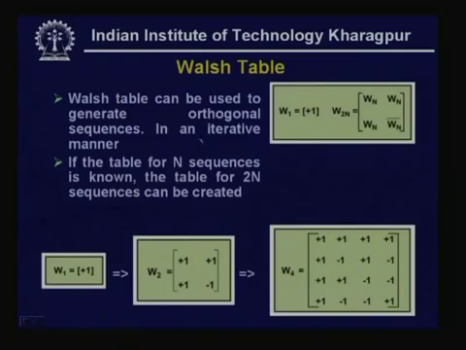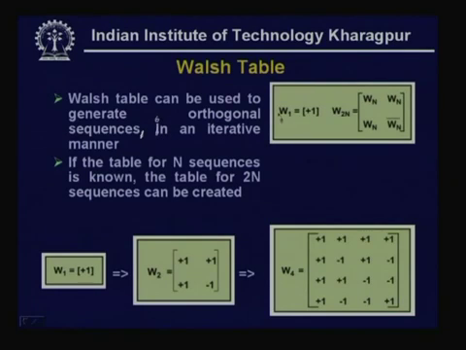What is the technique used to generate the chip sequences? They have to be pairwise orthogonal. That can be done by using the Walsh table in an iterative manner.